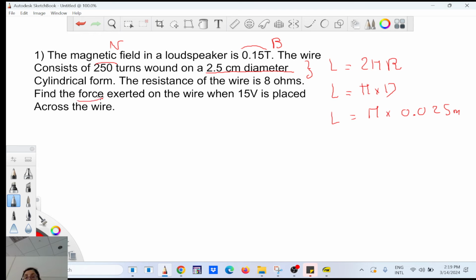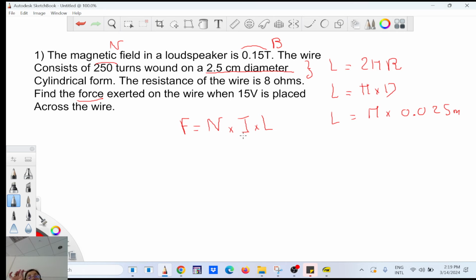Okay, so find the force. So the force is the number of loops, so N times the current times the length. Okay, so each loop has a length of 2 pi r. And each loop is acted upon by a magnetic force because of the permanent magnet, but those forces add up.